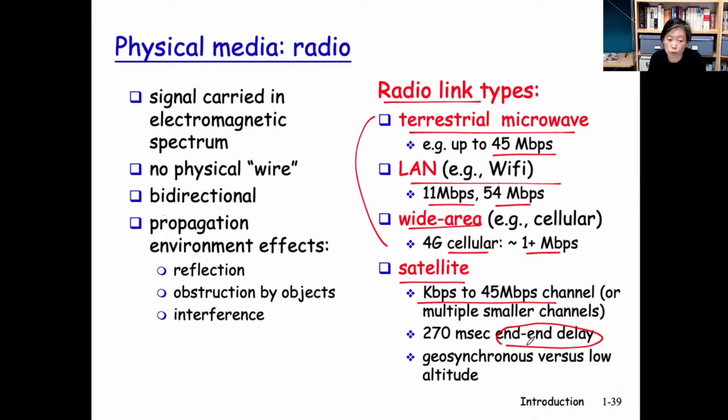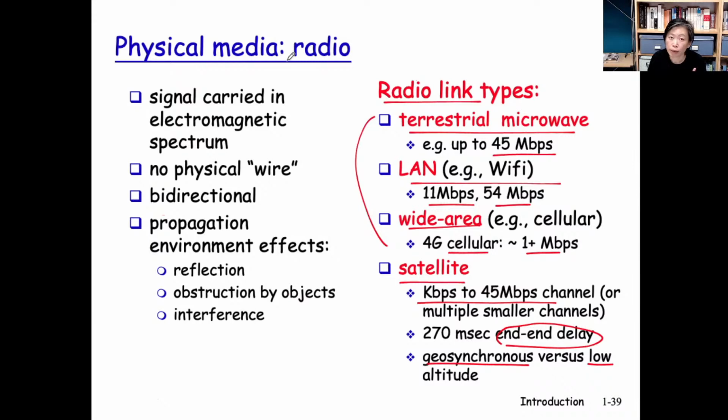Now, exactly how long the end-to-end delay is really depends on where the satellite is. For geosynchronous satellites, which sit higher above Earth, the delay will get longer. The low altitude ones have shorter end-to-end delay.